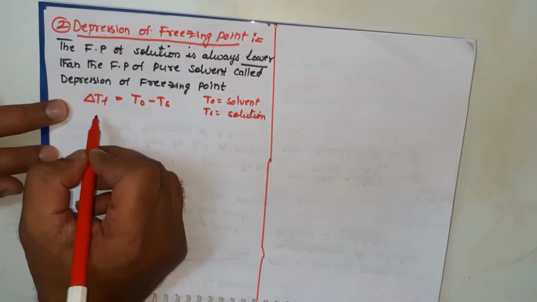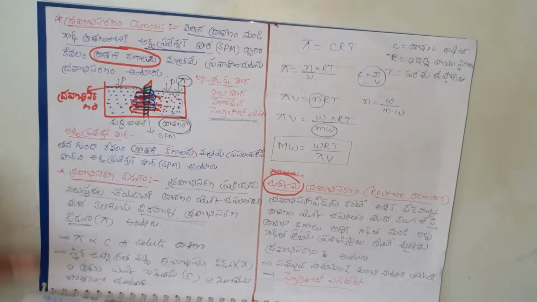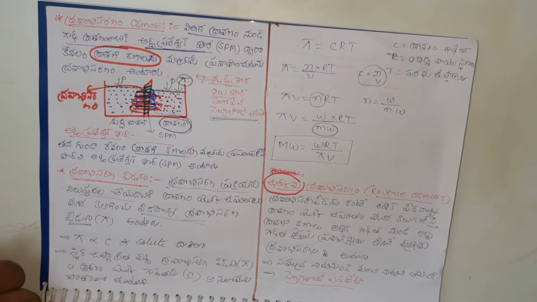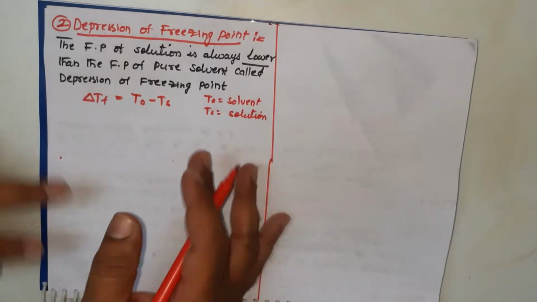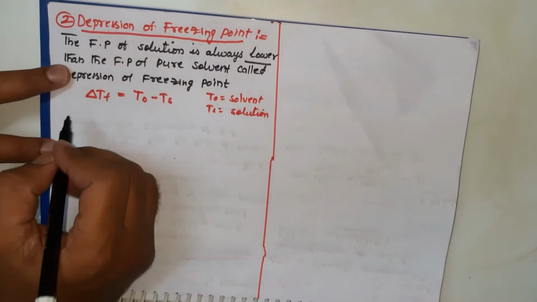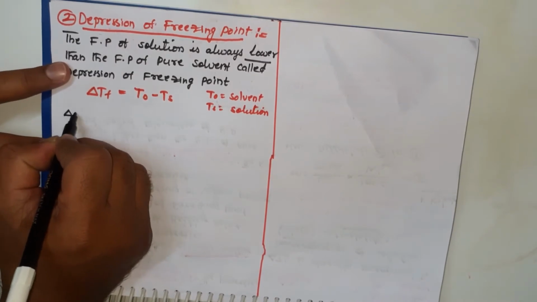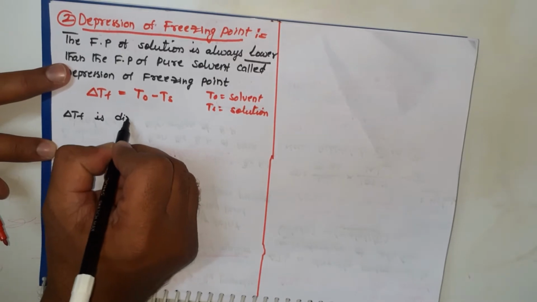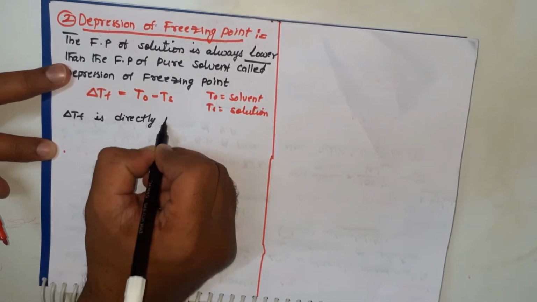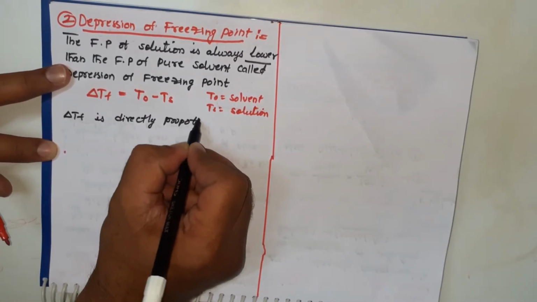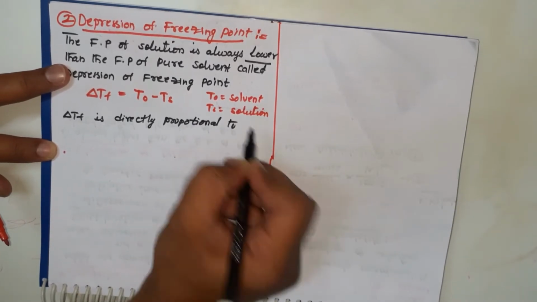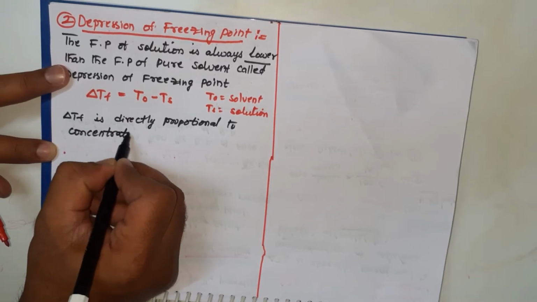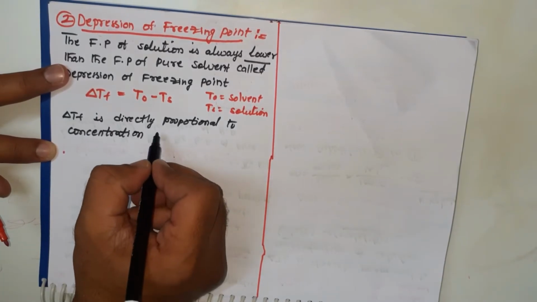Delta Tf is the same as the delta Tb value. Delta Tf is directly proportional to the concentration of the solution, that is nothing but the solute particles.